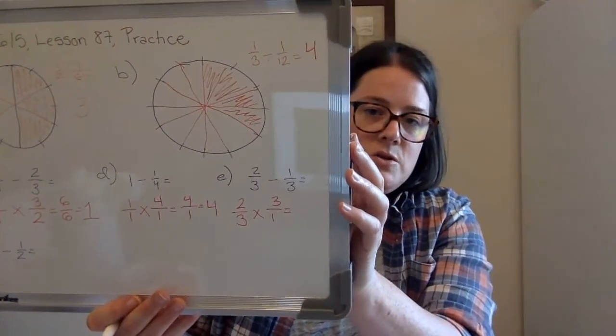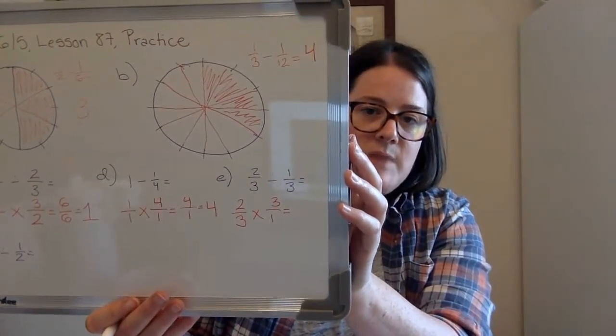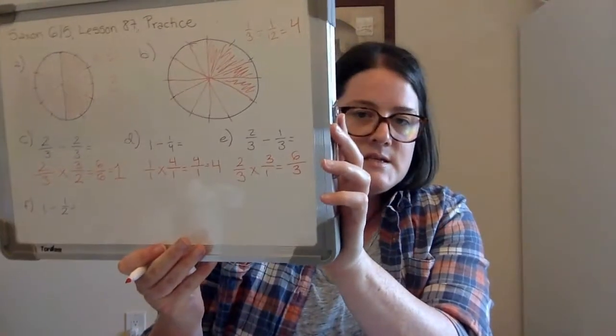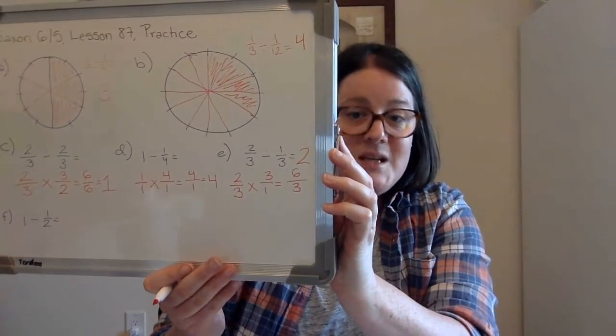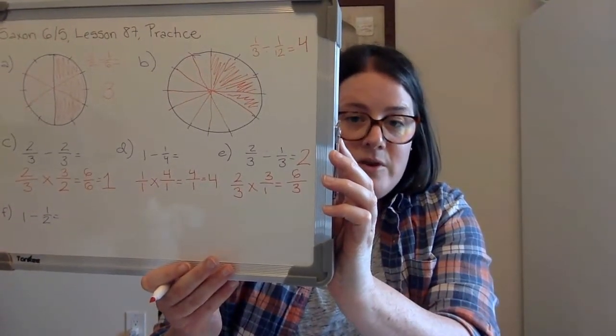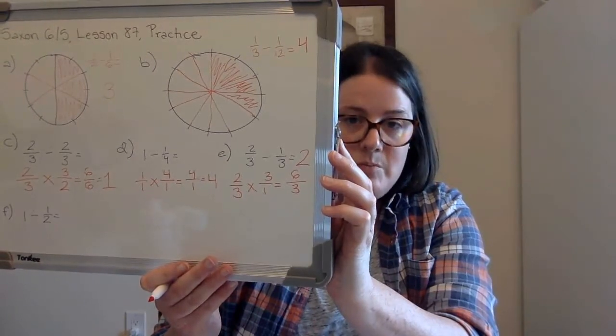So this 2/3 times 3/1 is my new equation. All right. 2 times 3 is 6. 3 times 1 is 3. And I get 6/3. 6/3 is going to simplify to 2. Right? So 2/3 divided by 1/3 equals 2. And I really need to make my division symbols a little clearer because they look like subtraction symbols.